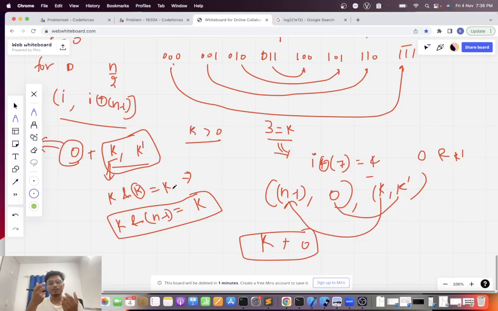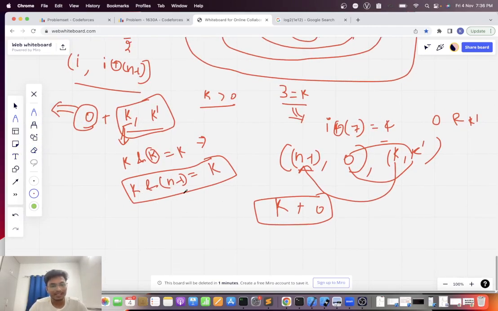I'm taking the n minus 1 pair and the k pair, and I'm just matching the pair with cross. So n minus 1 with k, its value will be k, and the other 0 with opposite of k will give me value 0. So the total summation of this kind of thing is k. I'm getting k value now.